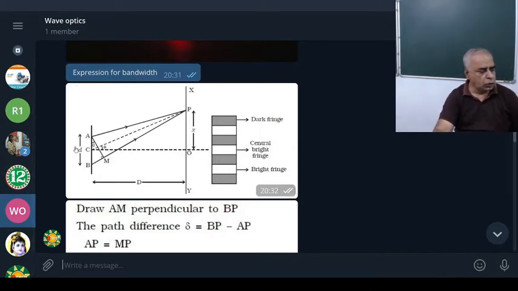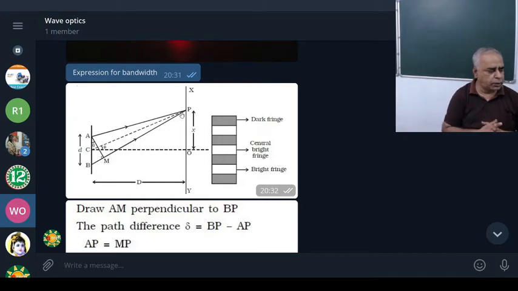So this AM subtends an angle theta, and AM is perpendicular to BP. Are you able to follow? Now the path difference here: BP is the longer one, AP is the smaller one, so that makes the difference in the path. BM is the path difference, is it not?